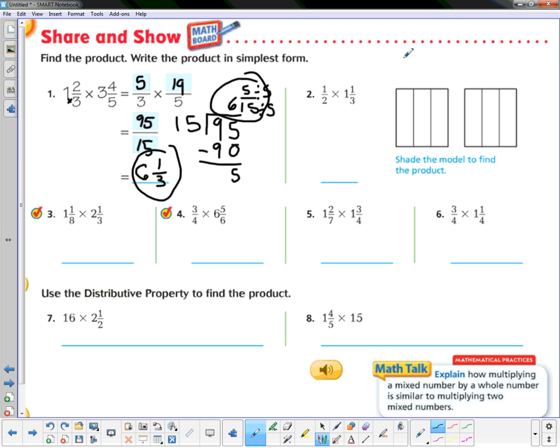Let's go ahead and show it again one more time with a model so you can see 1 and 1/3. Got 1 and 1/3. And then I am actually just going to take this, cut it in half, and color in half of it.